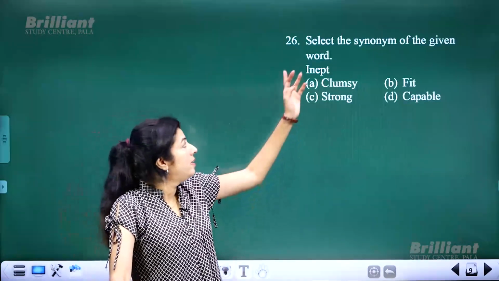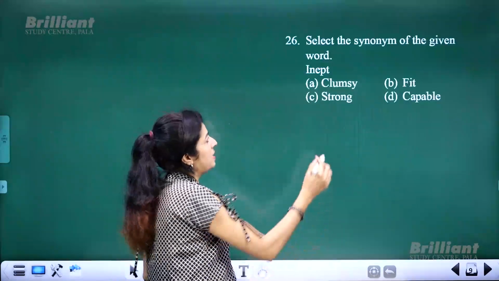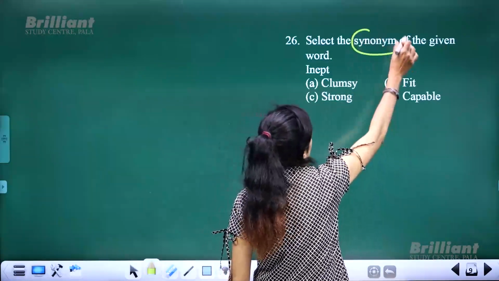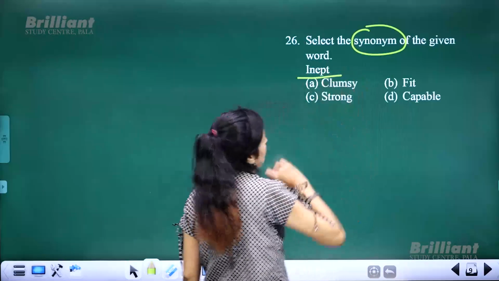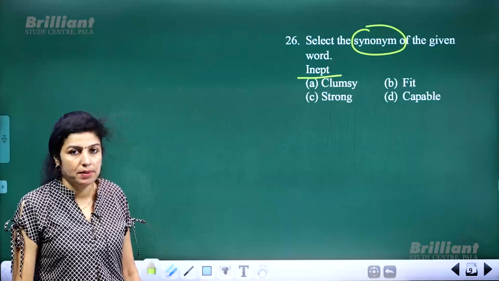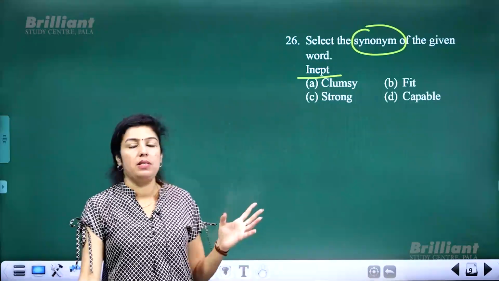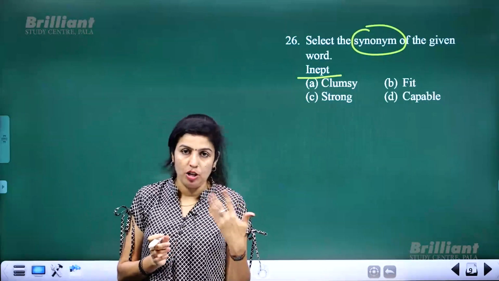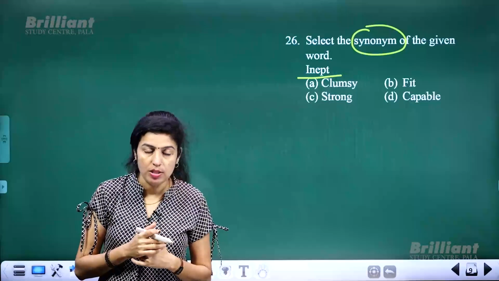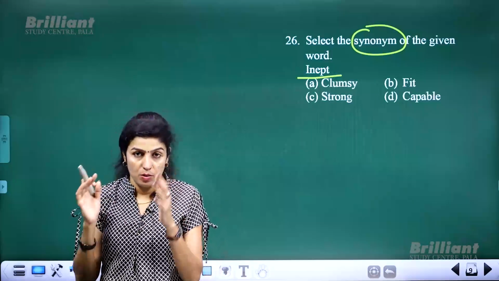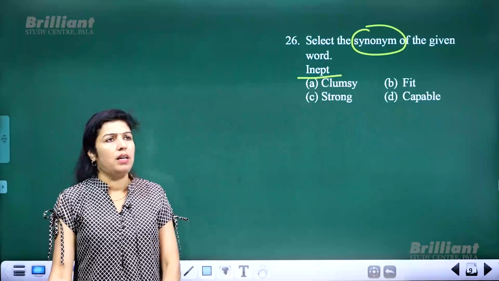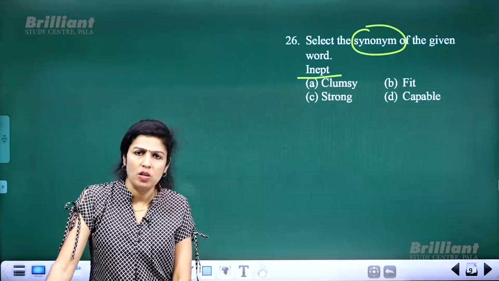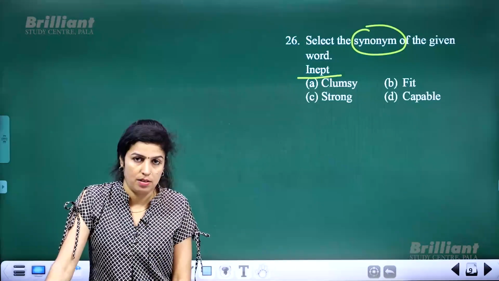Okay. Select the synonym, similar in meaning, for the word inept. Inept actually means a person, you can use it for a person as an adjective also. A person who is inept is not so competent, that means incompetent.